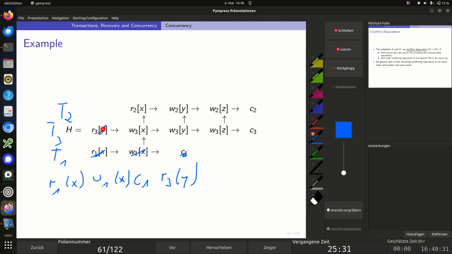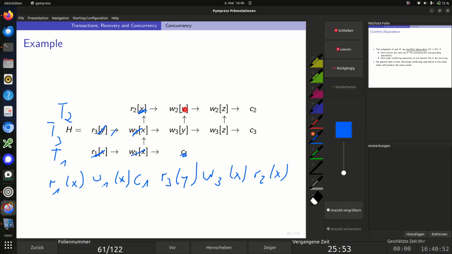So what to pick next? Write 3. Yeah, we do not have a choice. So now we have a choice. We can either take read 2 or write 2.